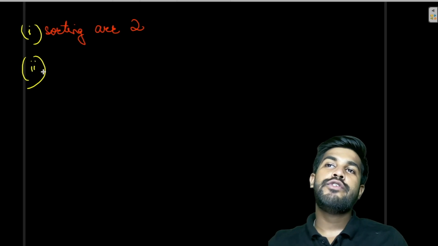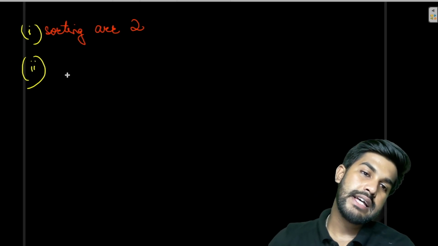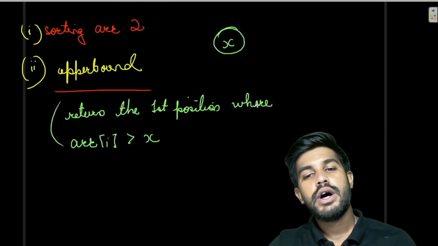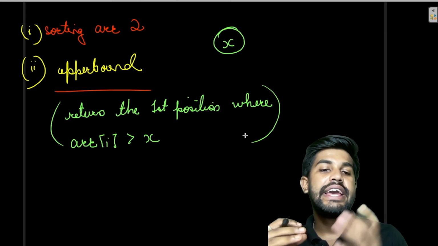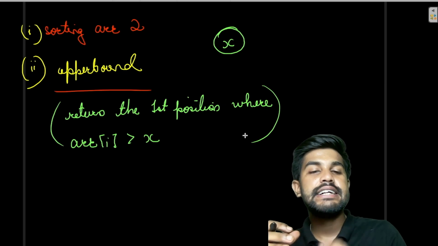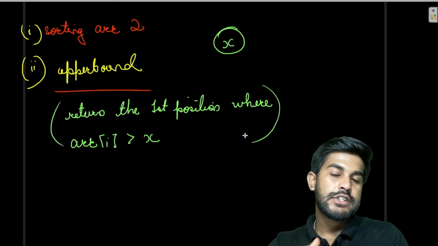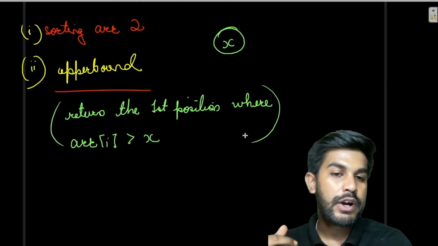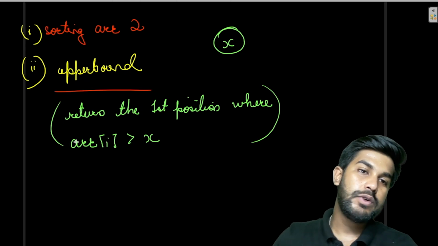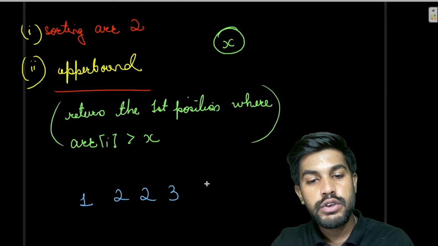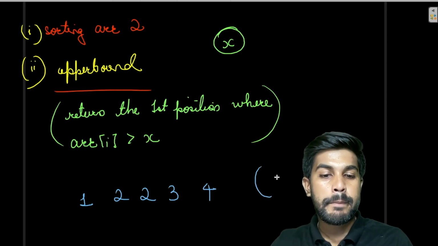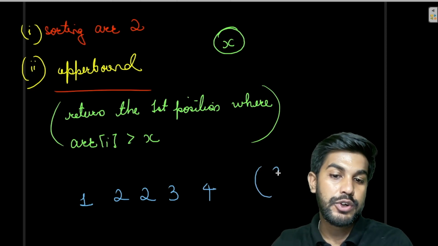Okay. So now we would be learning something called upper bound. Upper bound returns the first position where ARR of I is greater than or equal to X. So let us quickly understand what we mean by this. Suppose we are given an array as 1, 2, 2, 3, 4, and we do an upper bound of the value 2.